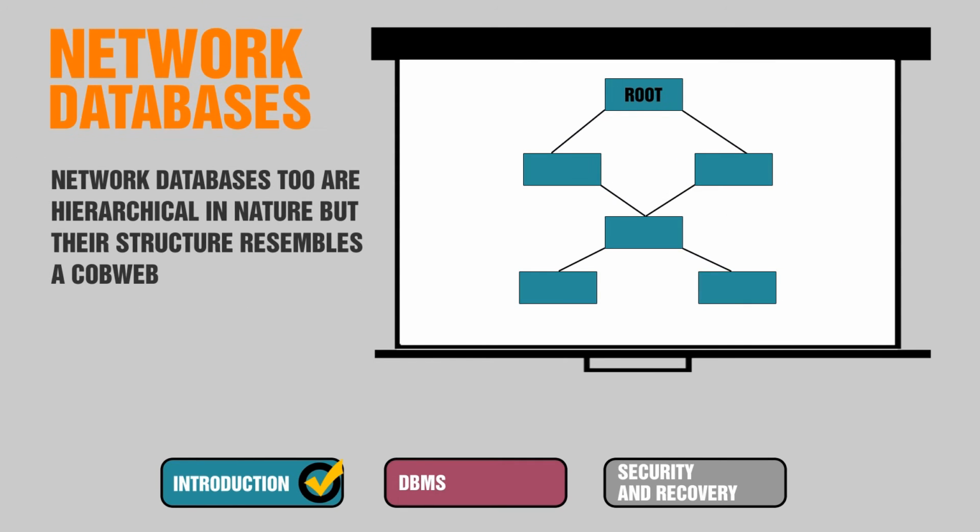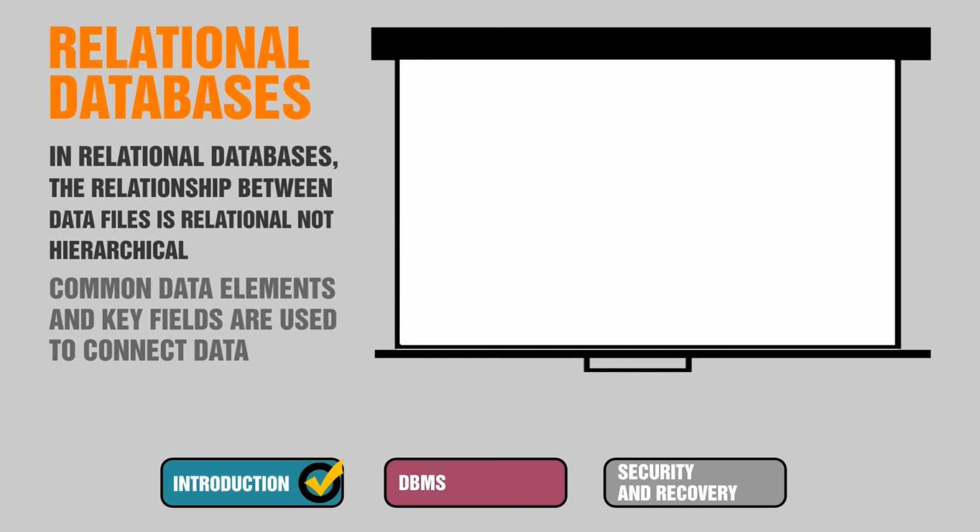Network databases too are hierarchical in nature, but their structure resembles a cobweb. They too are predominantly used on mainframe computers and their structures too are defined and rigid. In relational databases, the relationship between data files is relational, not hierarchical.